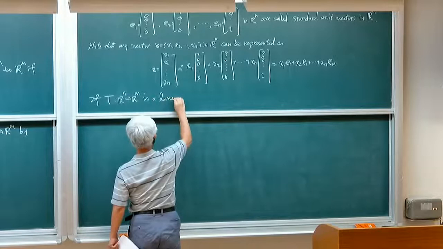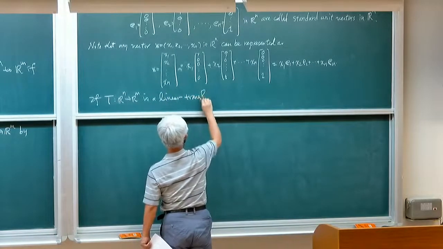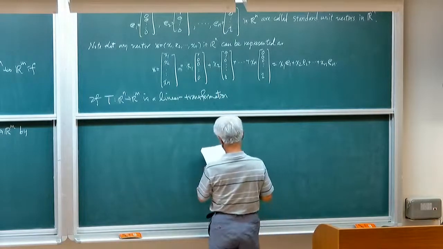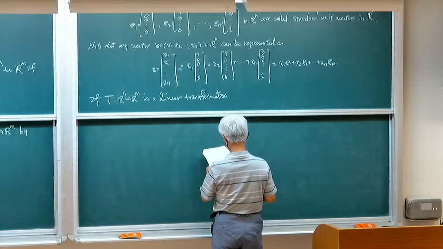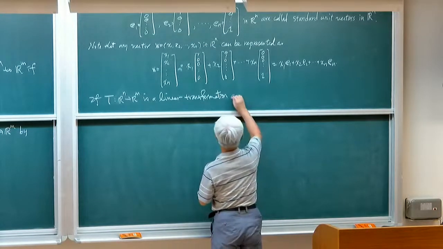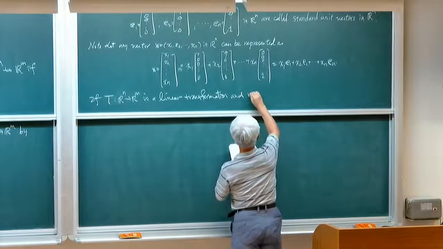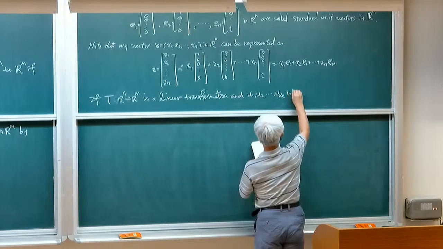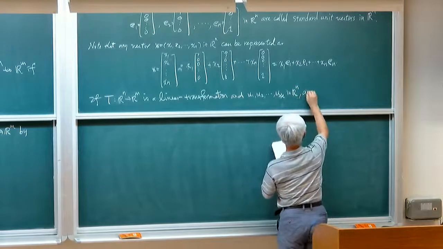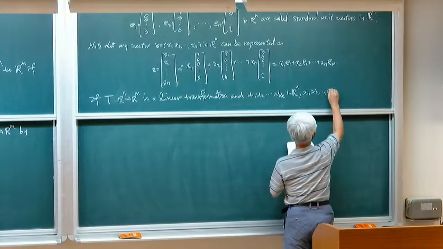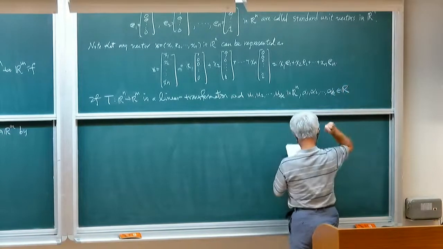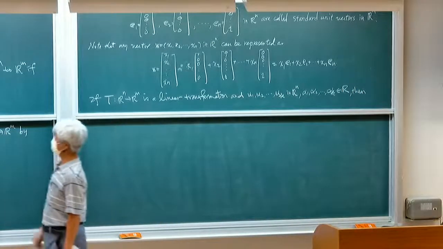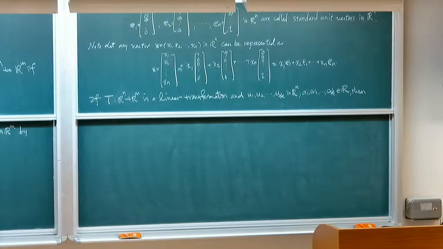Okay, so now if T is a linear transformation, and u1, u2 up to uk are in Rn, and alpha 1 up to alpha k are in R, then the properties can be extended.